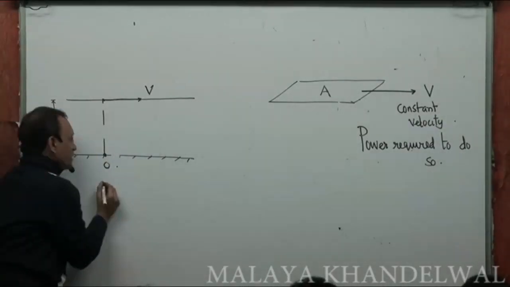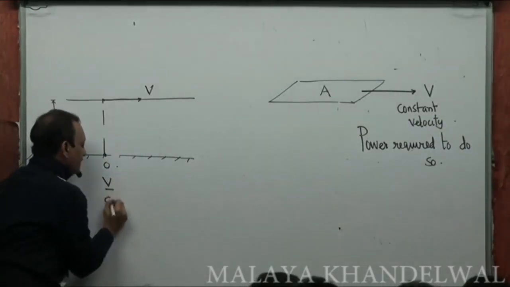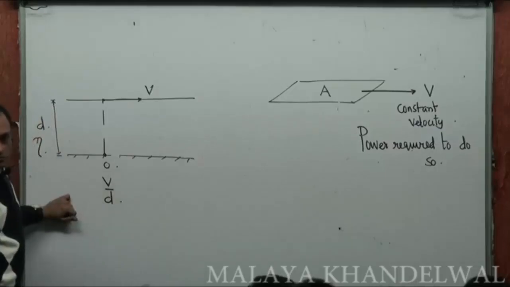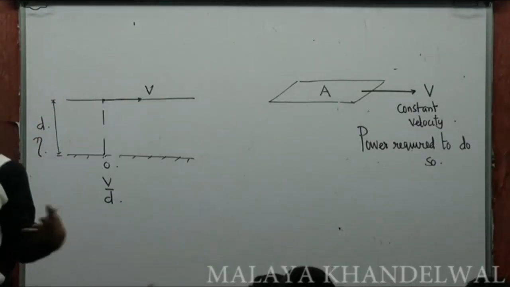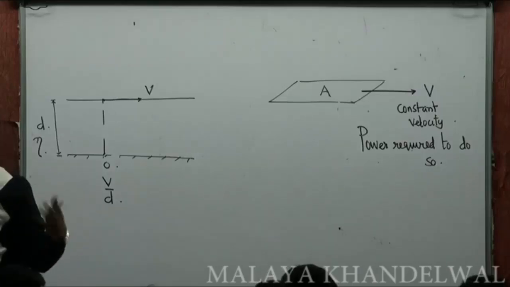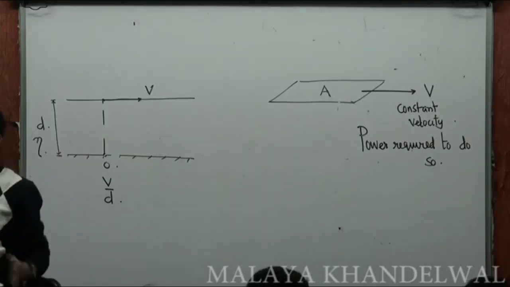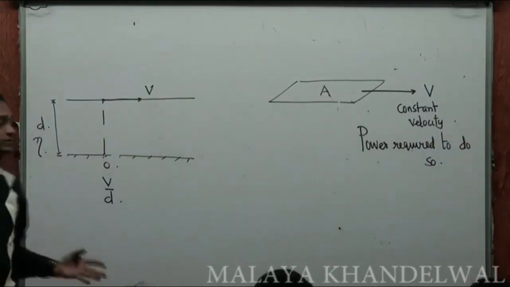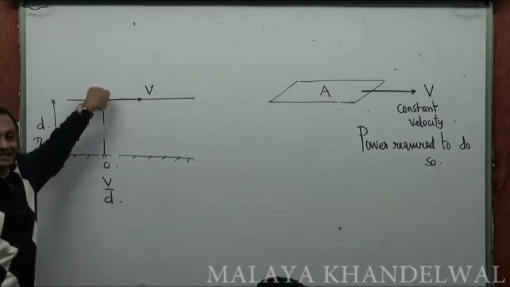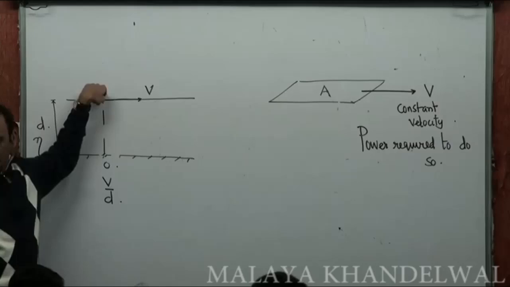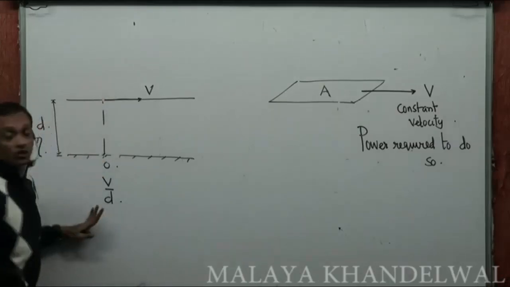So the velocity gradient is v by d. I'm assuming linear variation. If they have not given you anything on how velocity varies across y, then you will assume a linear variation, so you would assume total change in v divided by total vertical height as the velocity gradient. Clear?